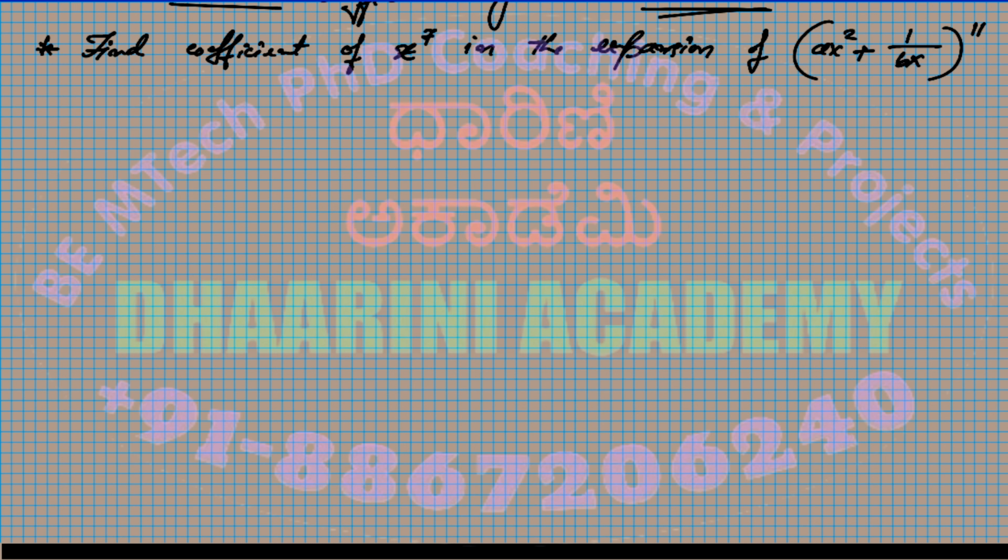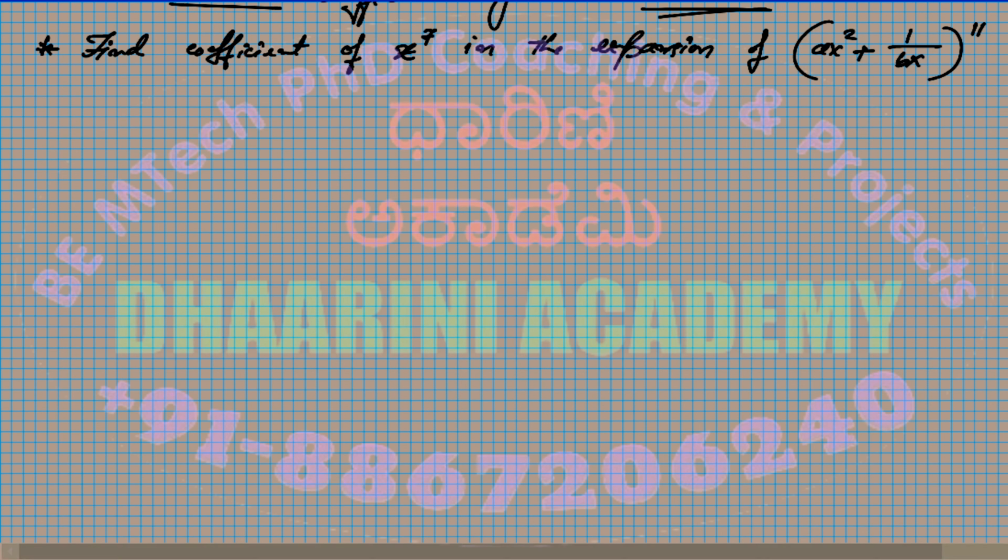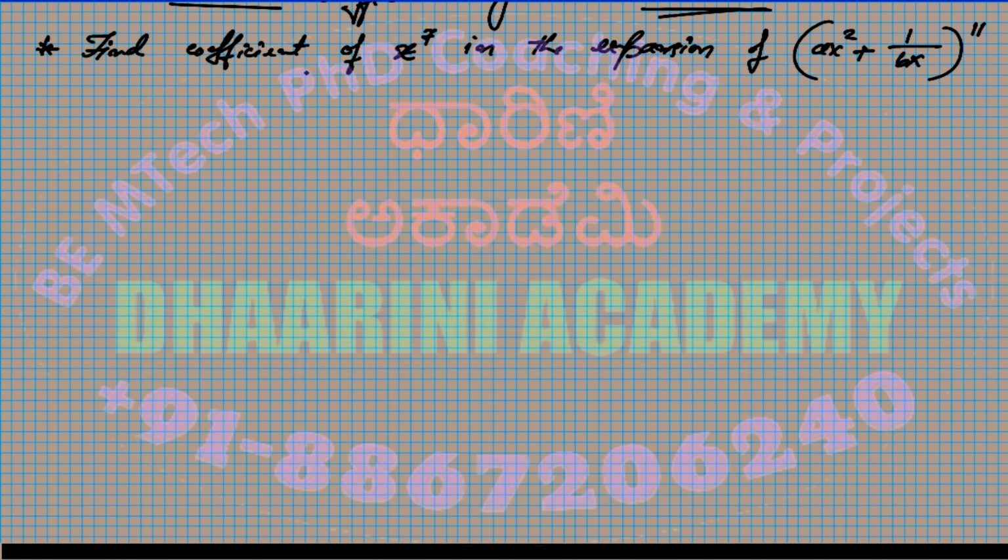Okay, the standard procedure will follow. Here a, b values are not given, so we get the answer also in the same format. So what is expected? We are supposed to get the answer in the same format like what we have here. Okay, right. So let's start the solution.